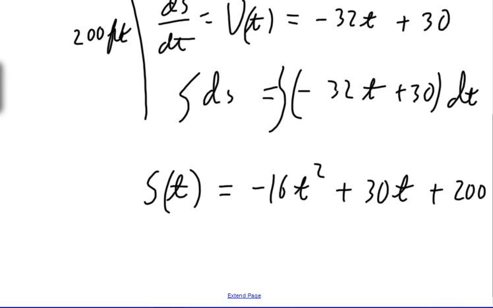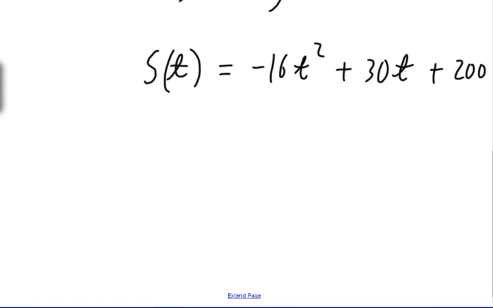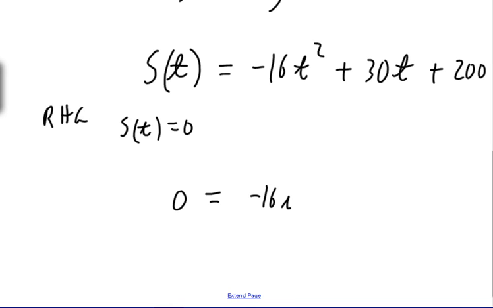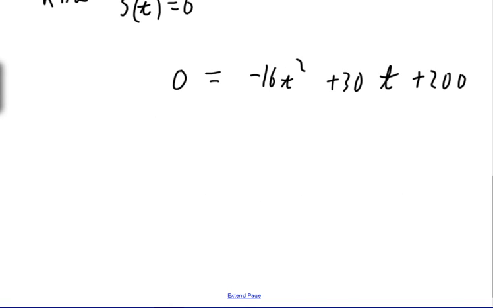How long does it take the rock to hit the ground? Okay, so when the rock hits the ground, S of t is going to be 0. So 0 is equal to minus 16t squared plus 30t plus 200. Now I got a quadratic equation to solve.